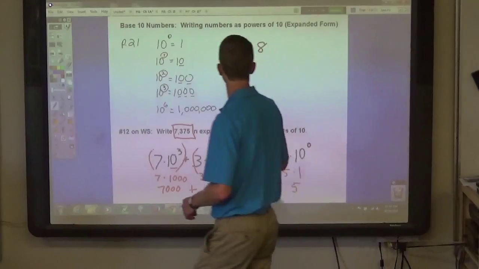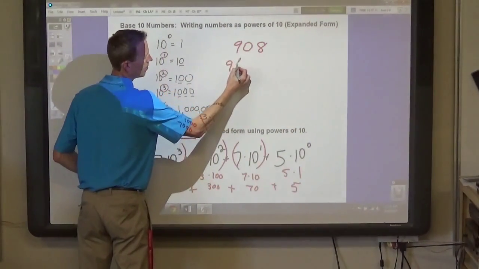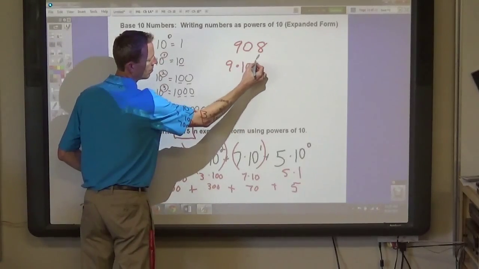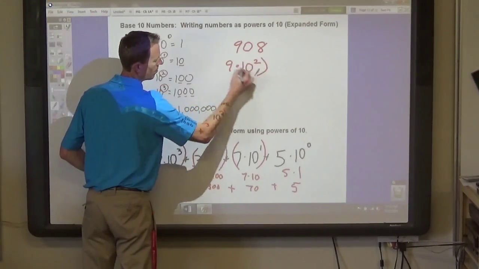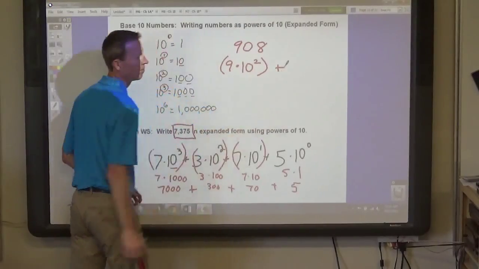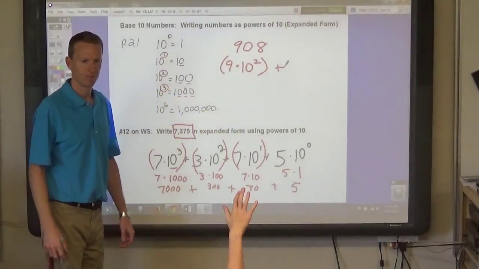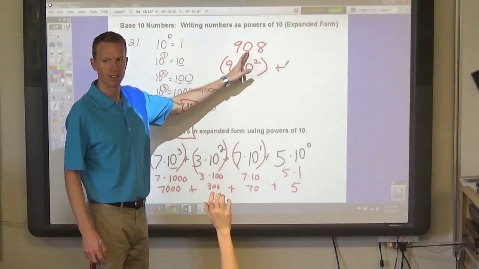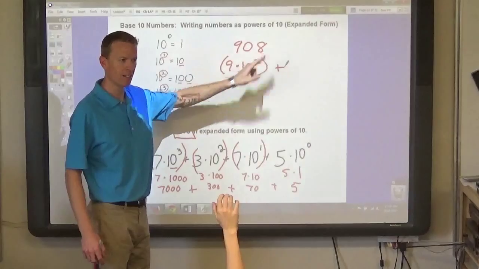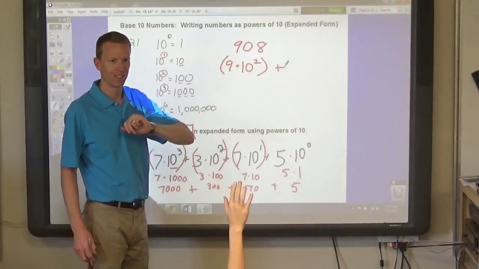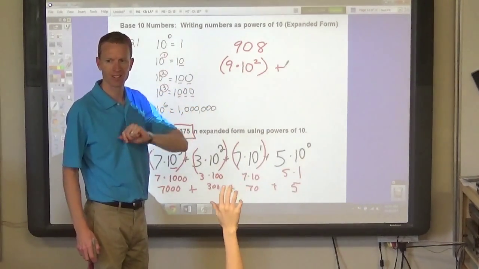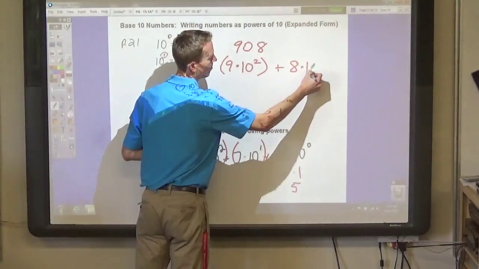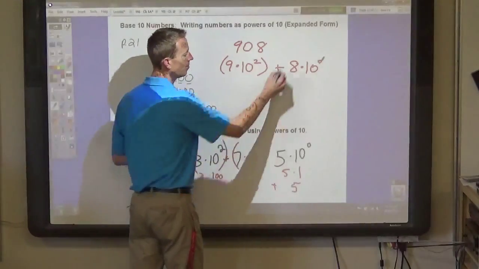You would put 9 times 10 to the second power, and then plus. Does this digit have any value? No. So we can just add the next number. What's that? Cal? 8 times 10 to the 0 power. Great.